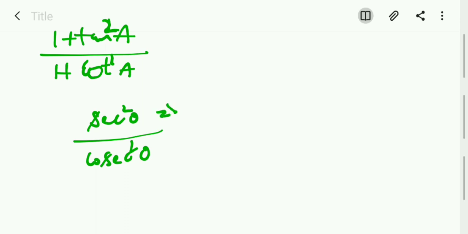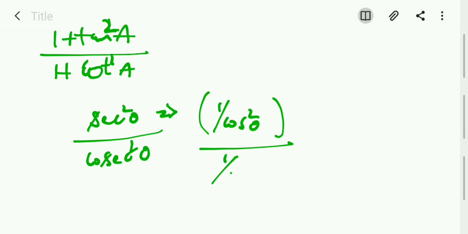Just keep it simple, guys. You need to just keep the things really simple. Now what is secant square? 1 by cos square theta. And cosecant square is nothing but 1 by sine square theta. Now the denominator of the denominator goes to the numerator.